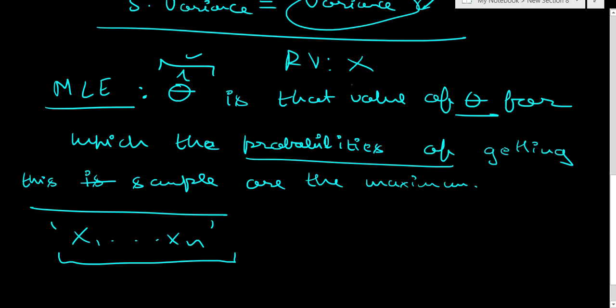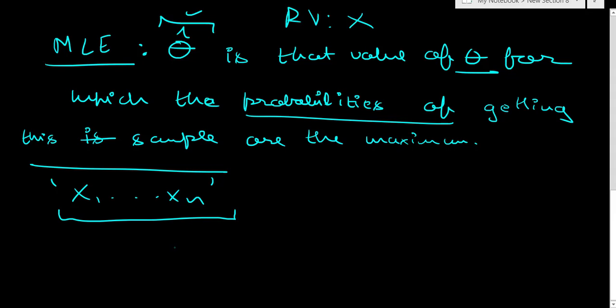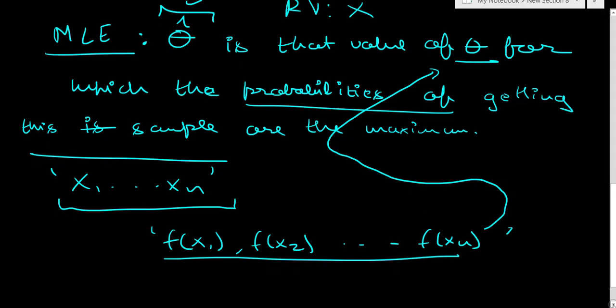So MLE suggests that we maximize the probabilities f(x1), f(x2) going up to f(xn) for this sample, and that value of theta that we get from maximizing these probabilities would be the MLE estimate for theta.